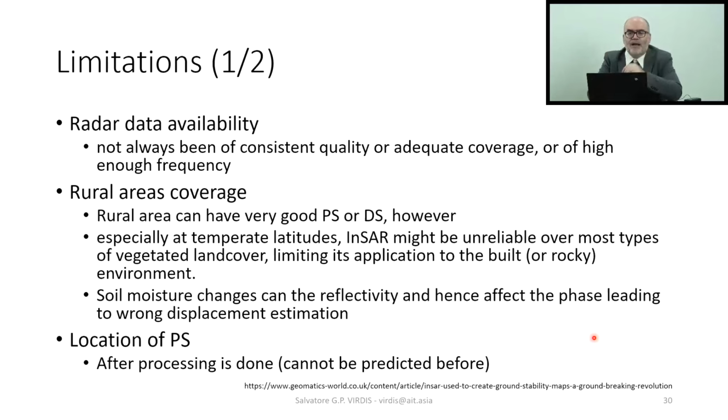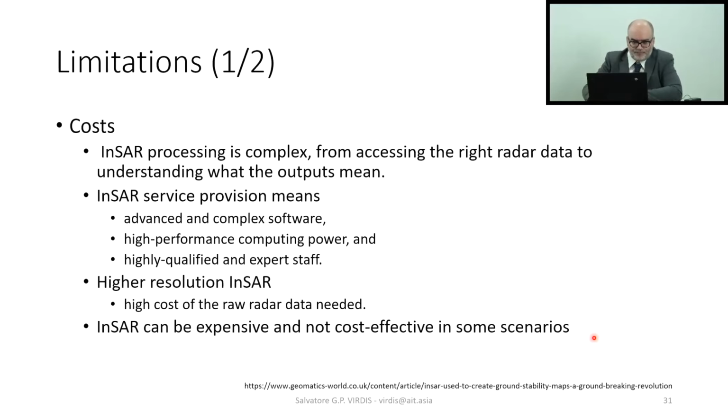So this is one of the important limitations where we want to bring this PS into a real object on the field. Because remember, PS is a kind of physical, but also a kind of virtual scatterer within the resolution cell of the SAR satellite.